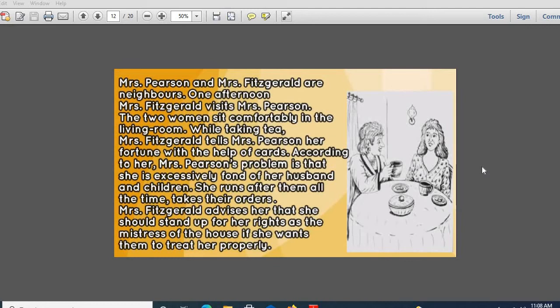They will take us for granted, and that exactly happened in the case of Mrs. Pearson. She used to excessively love her children and pamper them a lot. Ultimately, they had taken her for granted, and similarly she used to love her children and her husband unconditionally. But the sad part is that they all take her for granted.